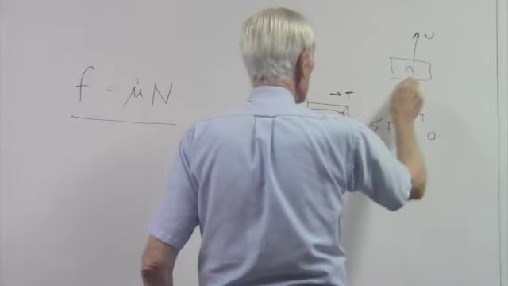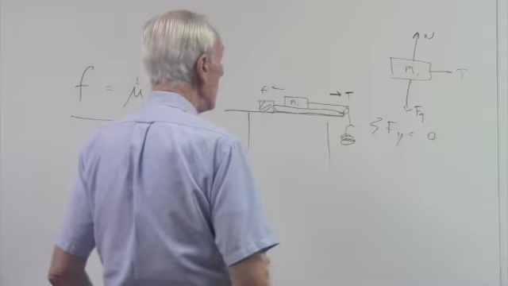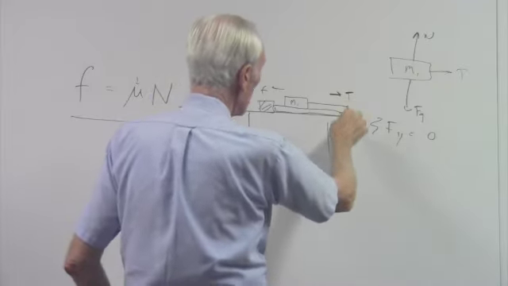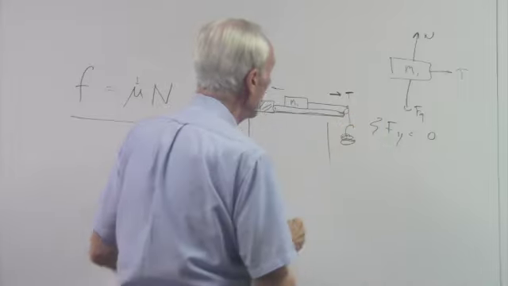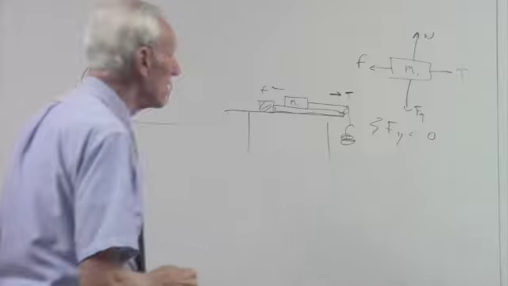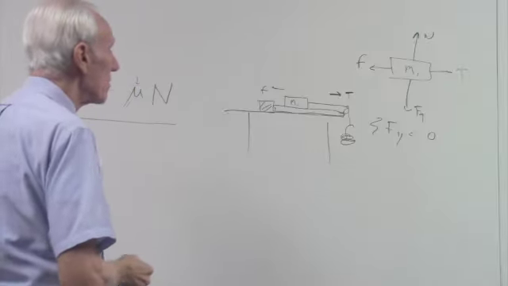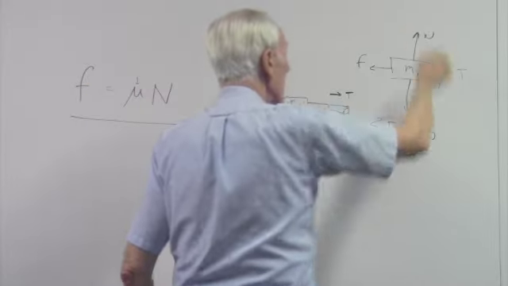In this particular case, there's also the tension in the string, and there's a little pulley here which changes the direction of the tension in the string to vertical. We'll talk about that in a minute. And again, because friction always acts against the direction of motion, it's in that direction. So this is our very nice little force diagram.